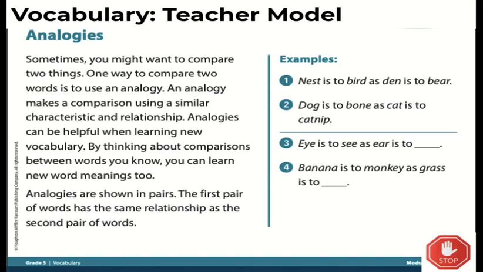Eye is to see as ear is to, what do we do with our ears? Did you say hear? That is correct. And 4, banana is to monkey as grass is to, monkeys eat bananas. What animal eats grass? I'm thinking of a cow, but I'm sure you can think of another animal that eats grass too. Excellent work.